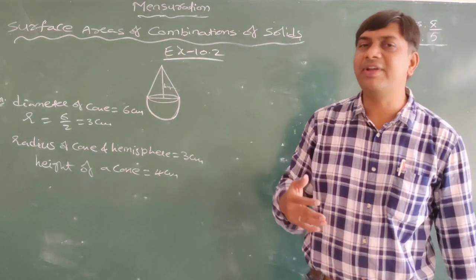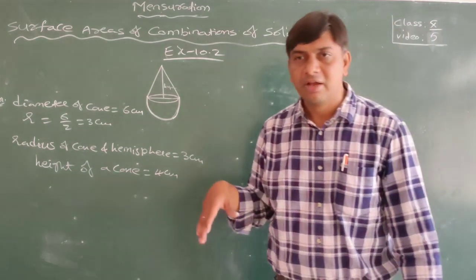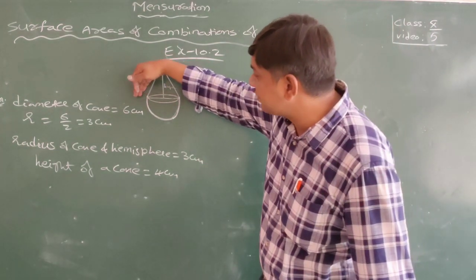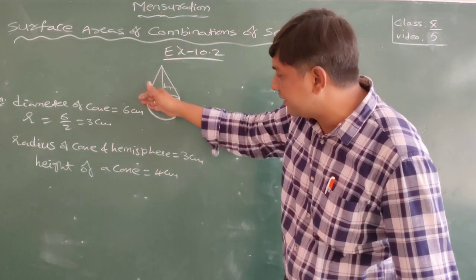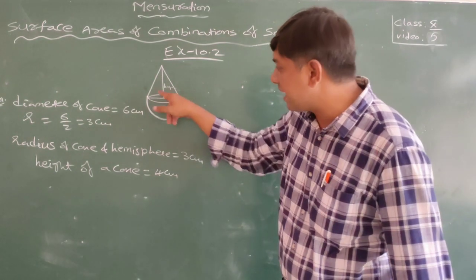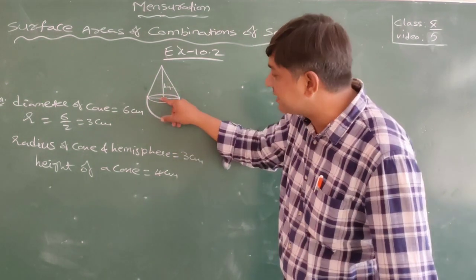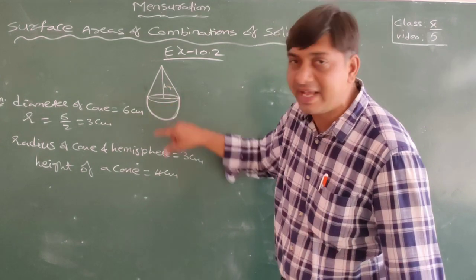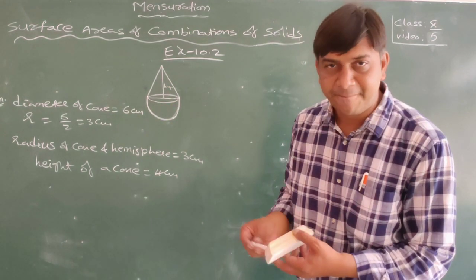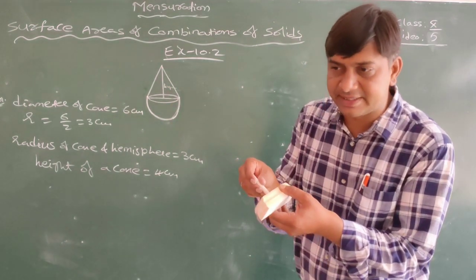Think that we have to paint this object, so only the outer part of the cone and the hemisphere will be painted. We can't paint the inside because the base is shared and covered.